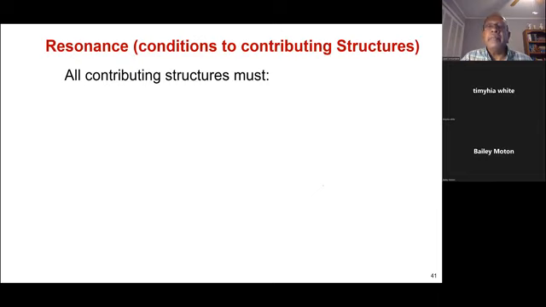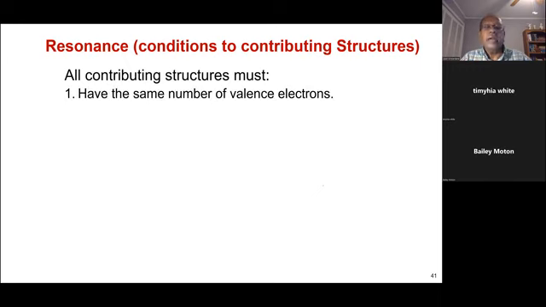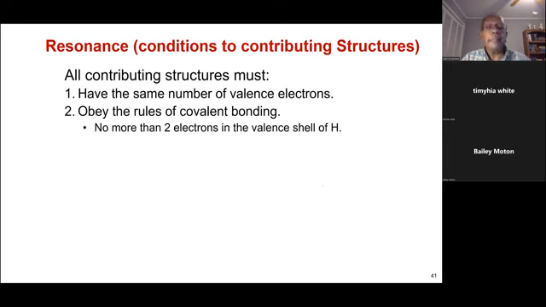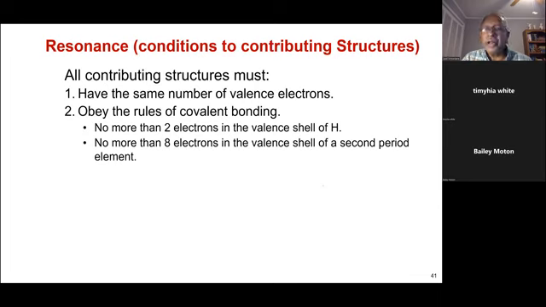Now, there are conditions for drawing resonance structures. All contributing structures, there are 3 for sulfur trioxide, have the same number of valence electrons. We didn't change the valence electrons. They obey the rules of covalent bonding, the octet rule. No more than 2 electrons for hydrogen and 8 electrons for a second period element. Remember, the second period is the only one that obeys the octet rule completely.